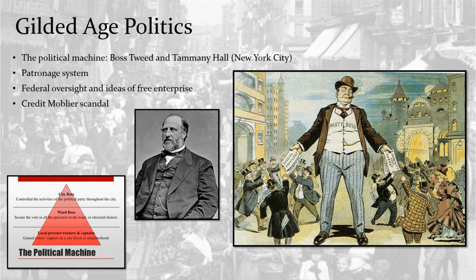So one of the big issues that comes out of this, and we talked about the corruption, this is numero uno corruption in terms of the patronage system. But you have the Credit Mobilier scandal, which is basically several politicians or stockholders in the Union Pacific Railroad formed a company, the Credit Mobilier of America, and then they gave out contracts to the railroad.